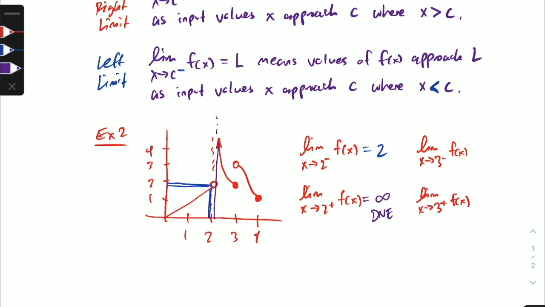Okay, now let's look at 3. So if we approach 3 from below, get an input close to 3, you can see that the output is getting close to 2. And if we approach 3 from above, then the output is 3.